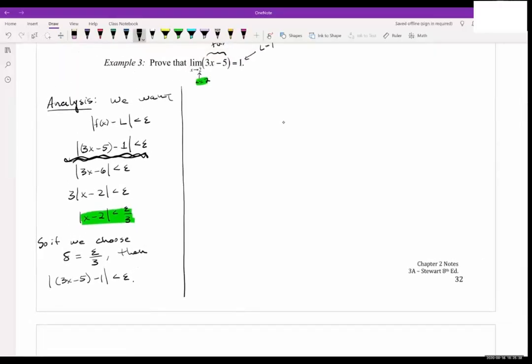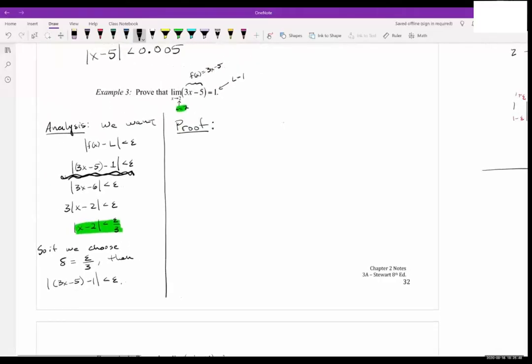Now we have to actually do the proof. So the proof looks like this. And I'll tell you, the first time I learned this, my teacher had me memorize the outline of the proof, and I would just fill in blanks. So we always start with: given epsilon greater than 0, meaning for any epsilon greater than 0, choose delta equal to blank.